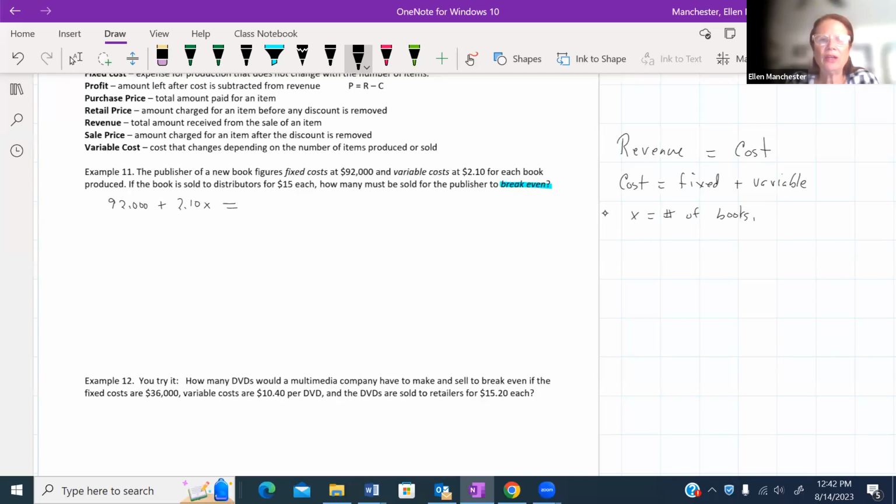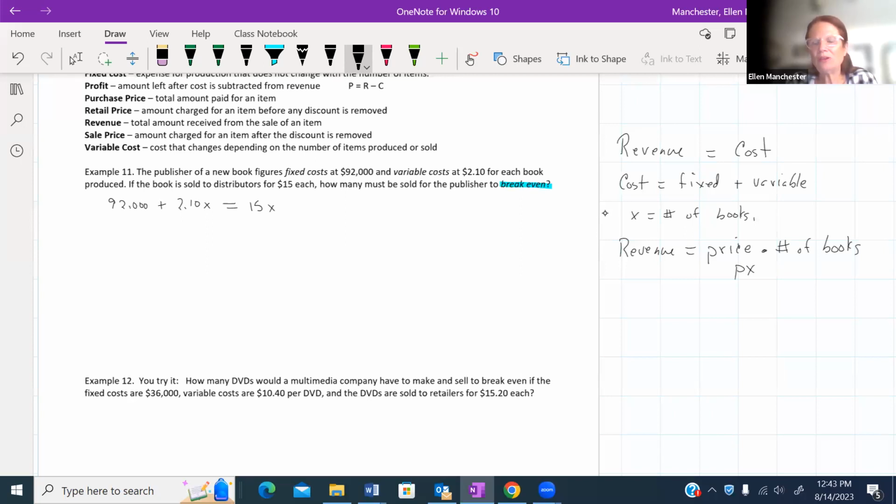And then this is going to equal our revenue. And our revenue is the price times the number of books. So P times x. So our price is $15 times the number of books.